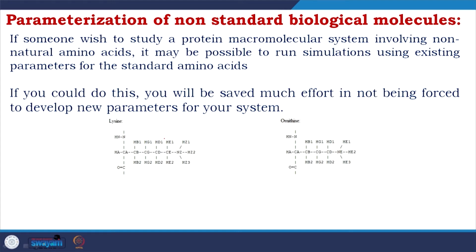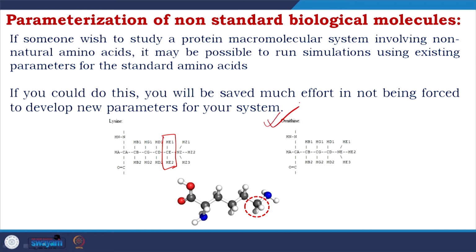If you compare, you will see this part is the extra part present in lysine. So, if you take the parameters of this part out, you use the rest of the parameters for ornithine. You do not need to develop an entirely new system for ornithine. This is an easy system to demonstrate, but as I told in the earlier slide, you could make pieces from very different systems, put them together and still apply them towards a successful simulation run.